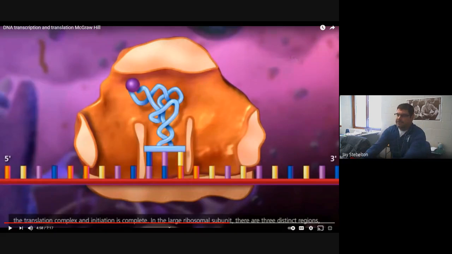Okay, so that was actually a little bit further than I wanted to go. That started the translation. Really what I wanted to stop with today is just transcription. Transcription is just taking the original DNA strand, splitting it, and then creating an mRNA, a message from that split.